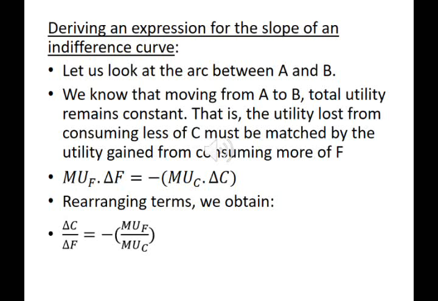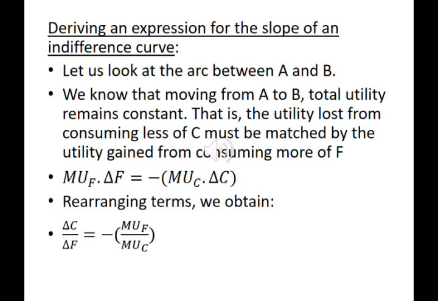However, his total utility should remain fixed or constant. This implies that the utility lost from consuming less of C must be matched by the utility gained from consuming more of F.